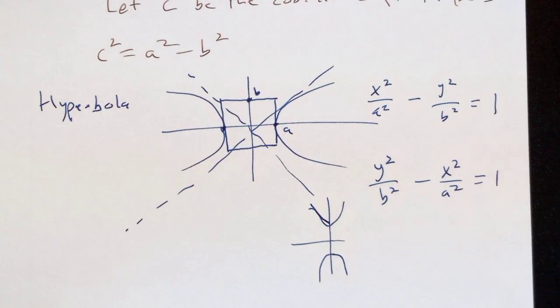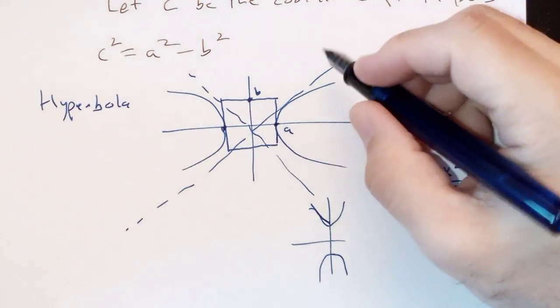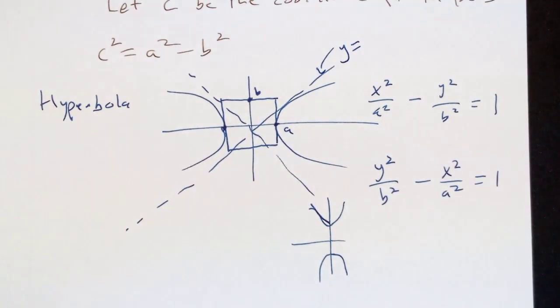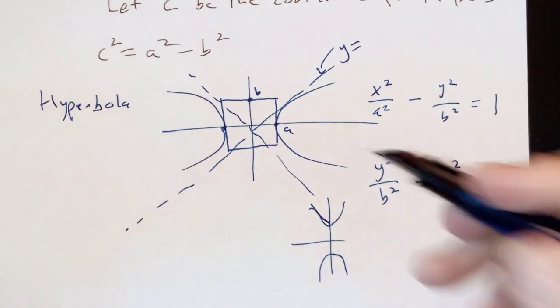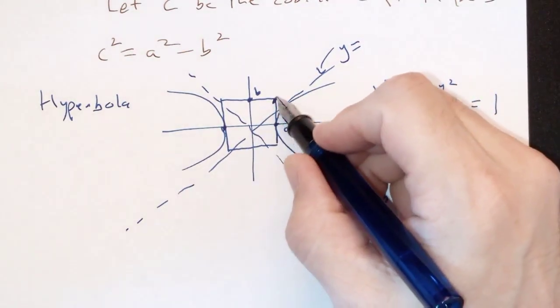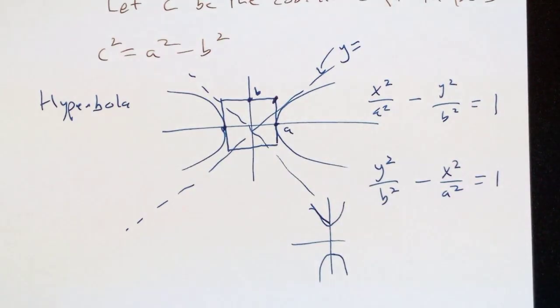Question for you. What's the slope of this line? Again, assuming it actually goes through this corner. Wait a minute.